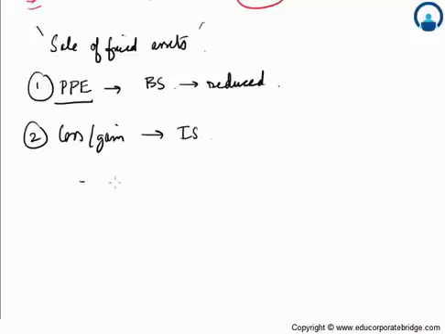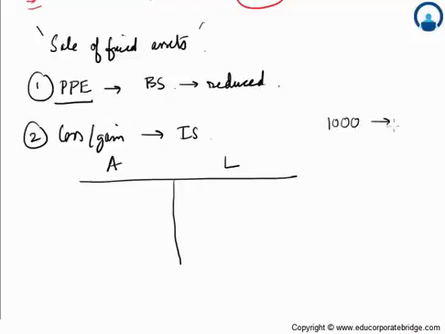So let us take this balance sheet. You have an asset, you have a liability, and let's say that you had an asset of 1000 and you sold an asset worth 200, so you are left with only an asset of 800 now.